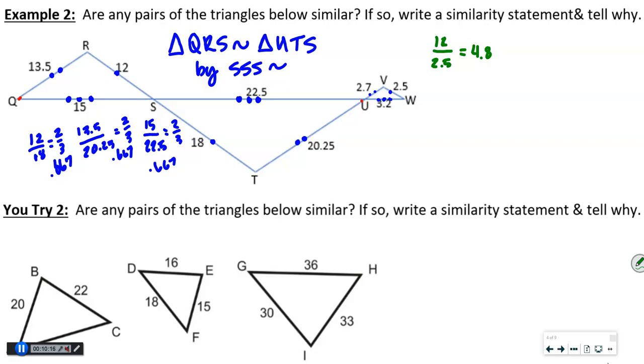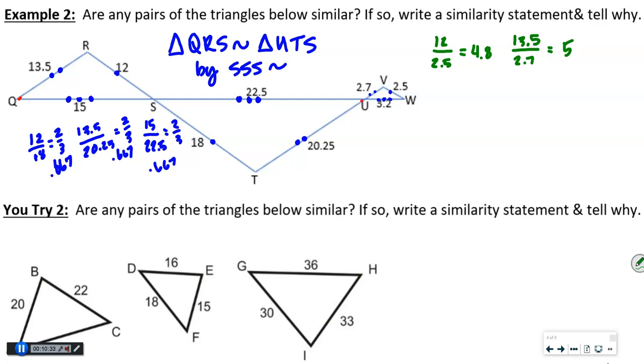And then I'm going to do 13.5 over 2.7. When I did that one, I got 5. Well, I can stop right there because we don't get the same ratio, okay?